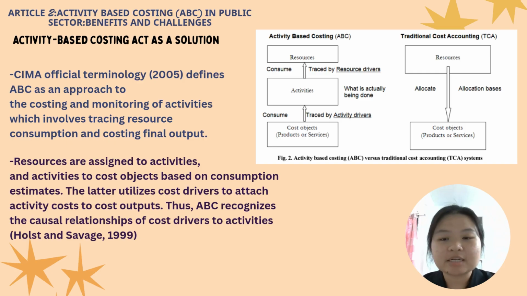The second study says that resources are assigned to activities and activities to cost objects based on assumptions and estimates. The latter utilizes cost drivers to attach the activity cost to cost outputs. That's why the ABC method recognizes the causal relationships of cost drivers to activities. This is a study by Hulse and Savage in 1999.